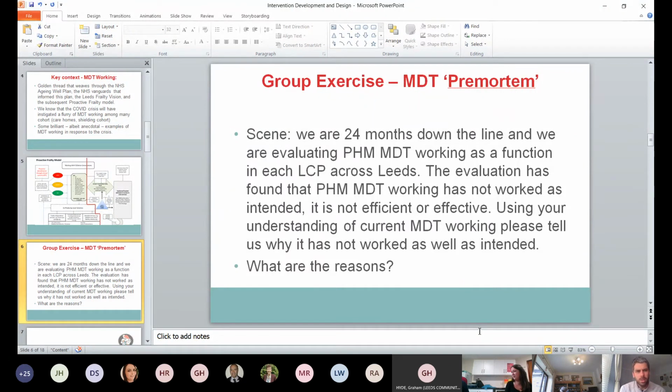So this is a group exercise that I just want to do for 15 minutes, and we're going to go into our breakout groups again.